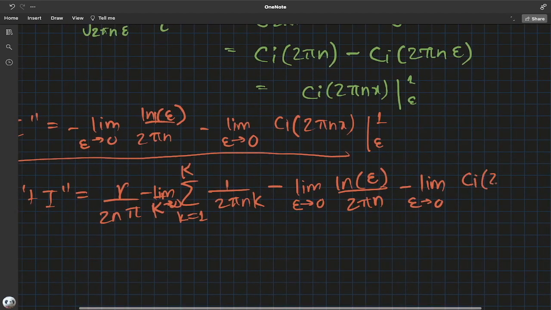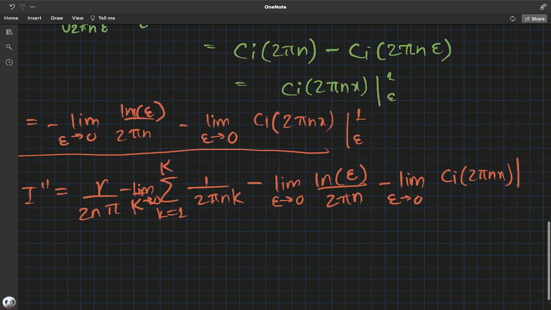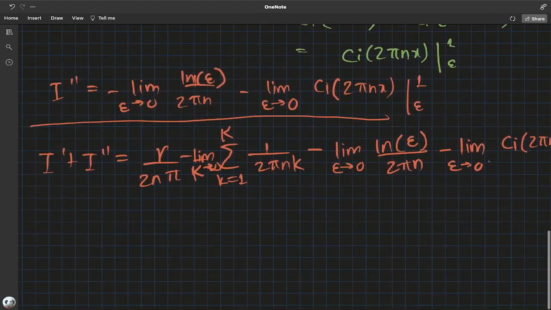So that's ci 2 pi n x from epsilon to 1.